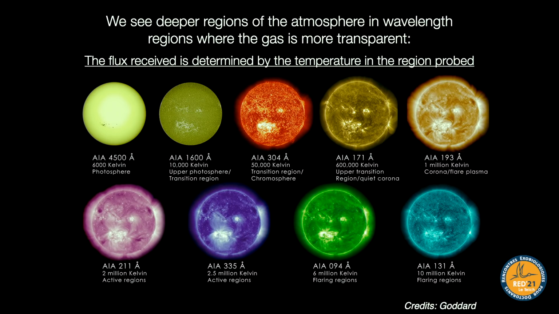When you look in the visible, you see the Sun as we all see it with our own eyes, kind of yellow, because it is the color that an object would have if it were at the temperature of the surface of the Sun, which is 5,000 kelvins.